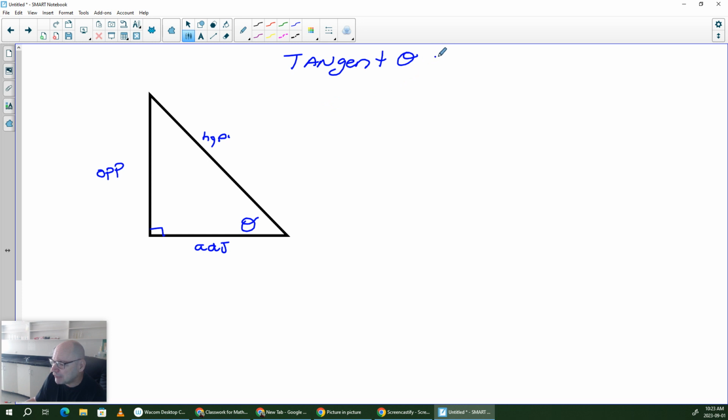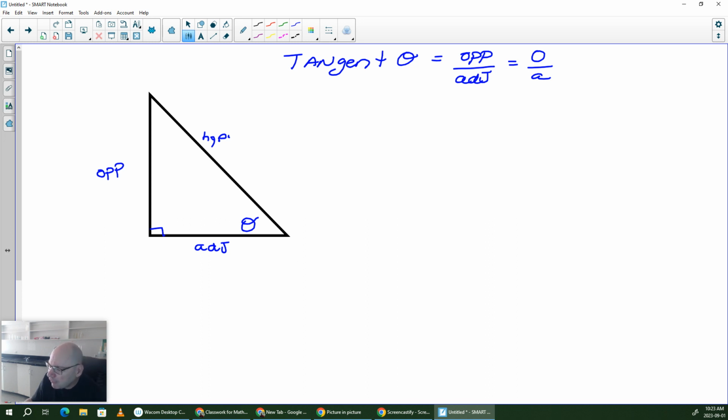And that's going to be equal to the opposite side over the adjacent side. Now, if we want to save ourselves a little bit of writing, you could write it with just O and A as well, which is what I'll end up doing quite a bit.